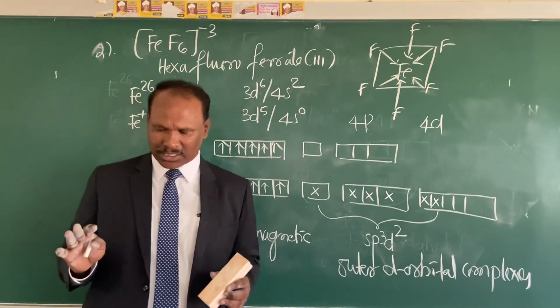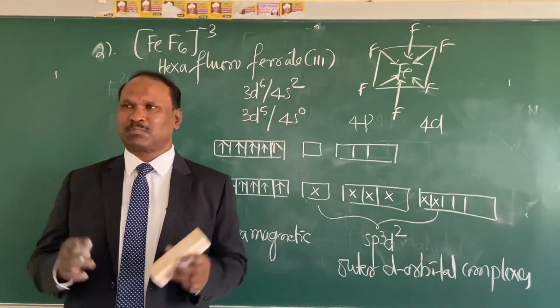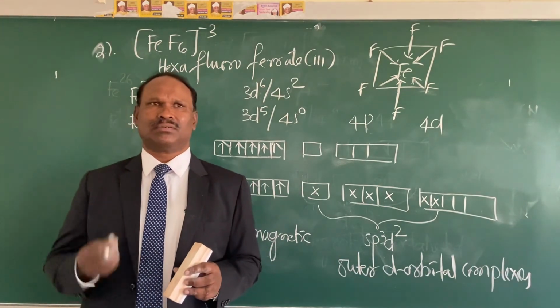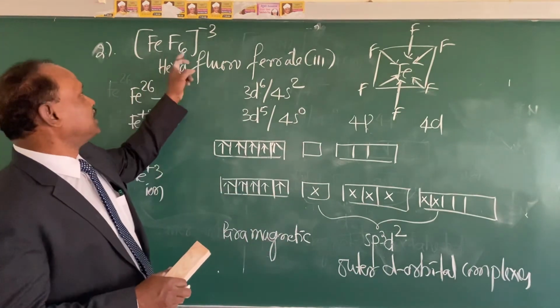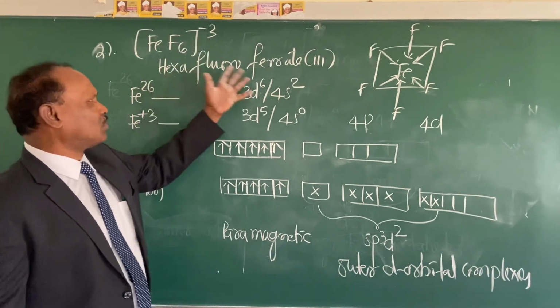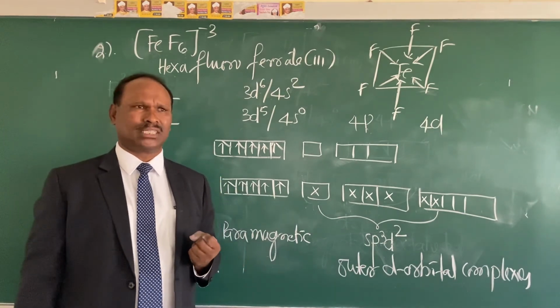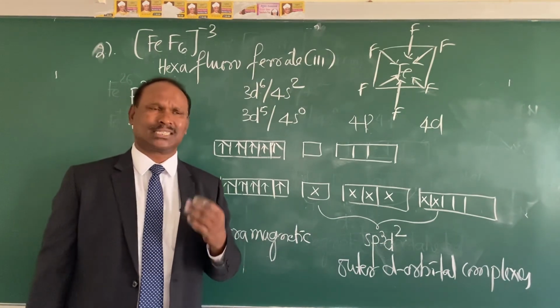So in the examination, you may get a question like this. Explain the structure of, for example, FeF6 carrying a charge of -3, that is hexafluoroferrate 3 ion, with the help of valency bond theory.